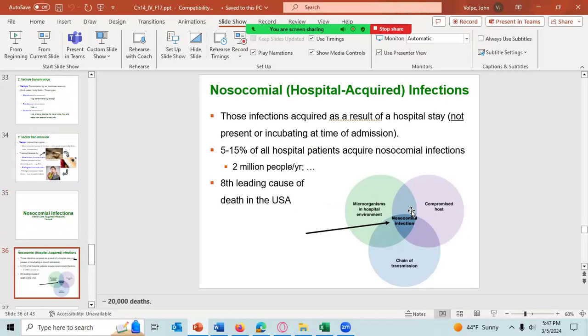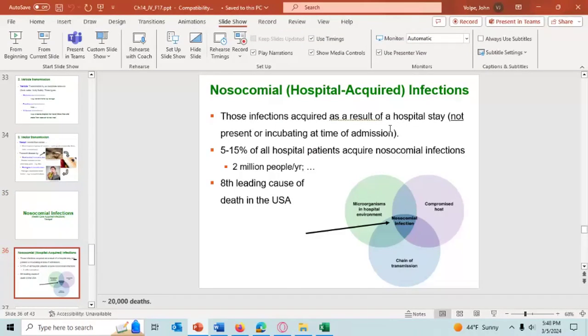These are infections acquired as a result of a hospital stay or a patient staying in a hospital-like environment, like a nursing home, and the disease-carrying organism was not present or incubating in the patient before the time of admission.